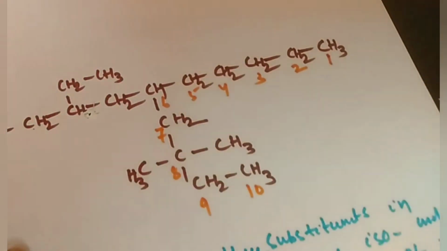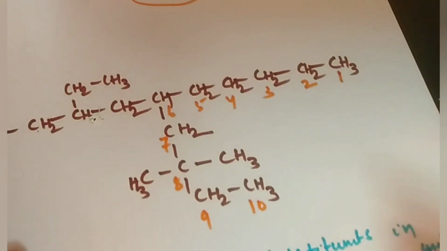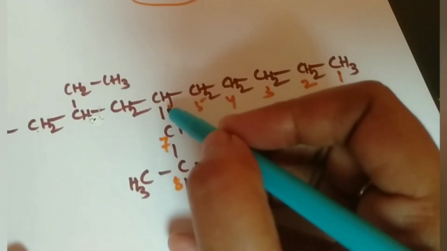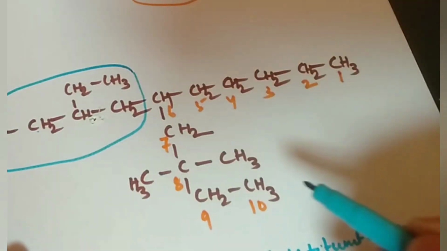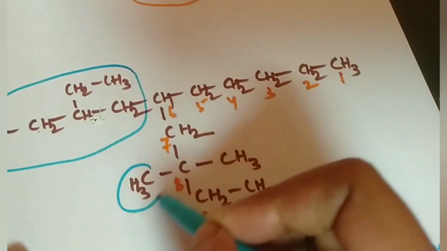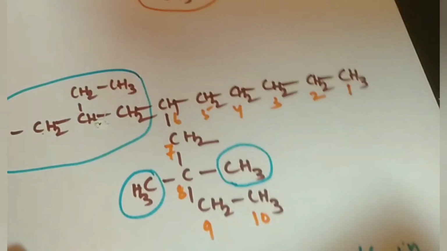So how many side chains are possible? See here, in the 6th position there is 1 side chain, and in the 8th position there are 2 side chains.